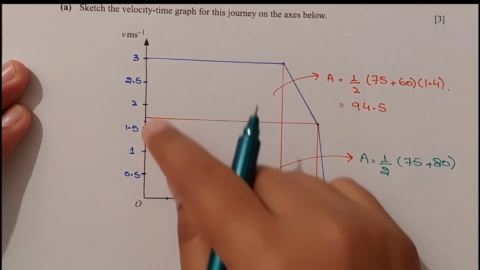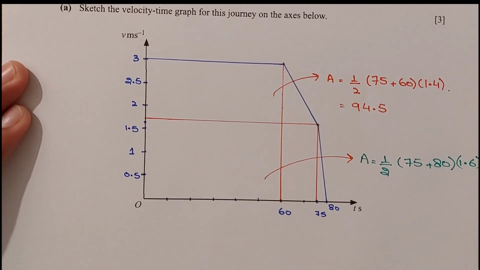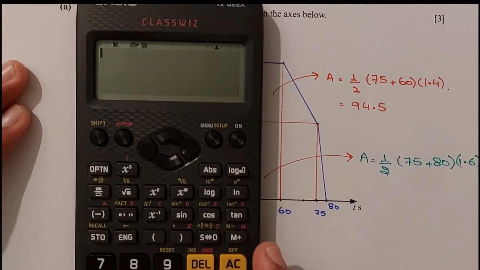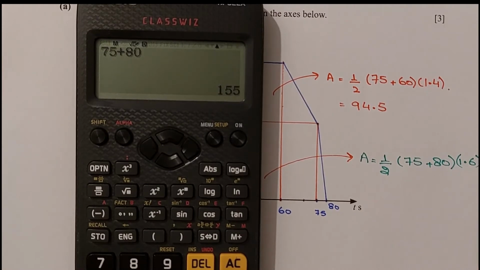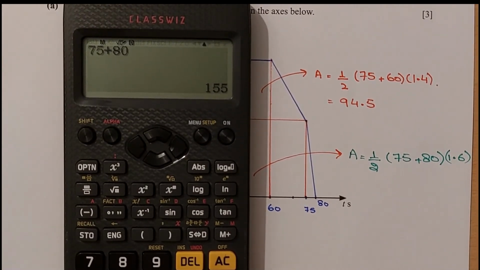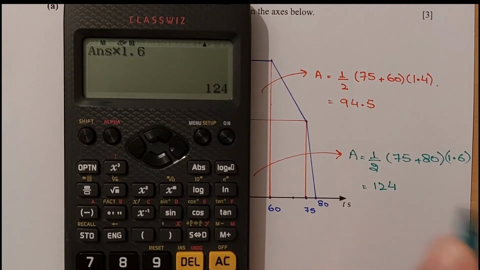So this is the height 0 to 1.6. So 75 plus 80, right, divided by 2 times 1.6, 124. Now adding the two, 124 plus 94.5.